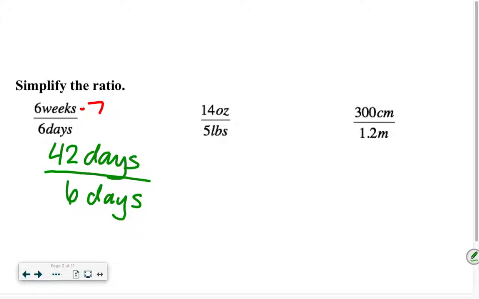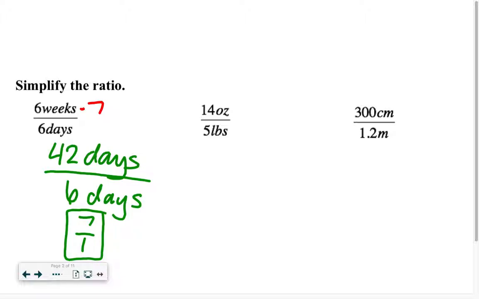Yes, this now simplifies to 7 over 1. So always get a common unit, whether it's a length of time, a measurement like inches, yards, centimeters, etc.